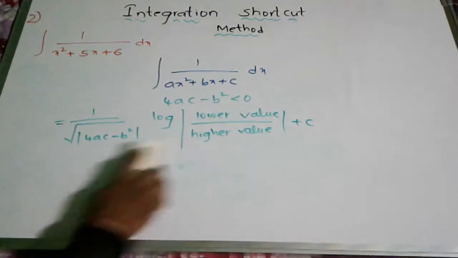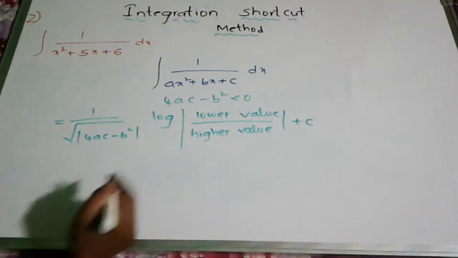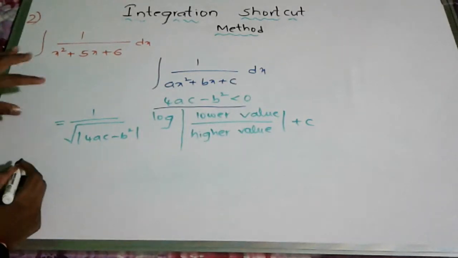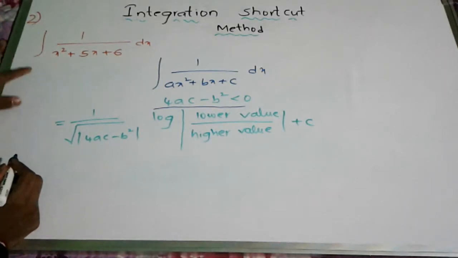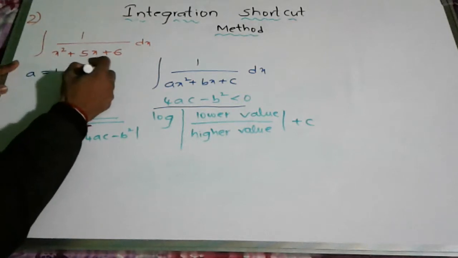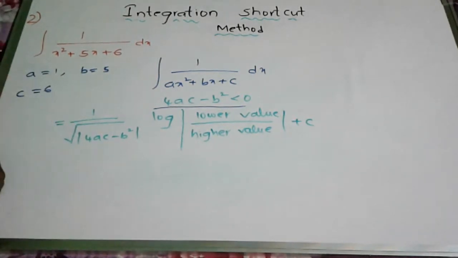And first of all, let me check this condition, right? Here the value of a is 1 and the value of b is 5 and the value of c is 6, right?